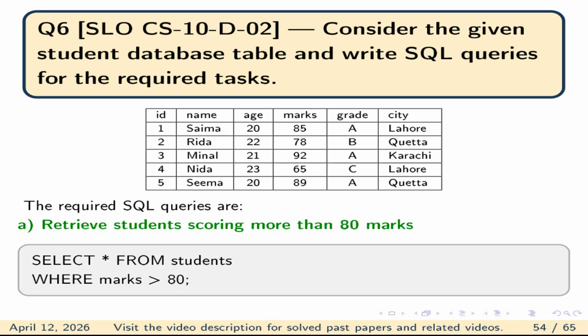It will give you all columns from students. Students is the name of the table. Then you will apply the condition WHERE marks greater than 80.